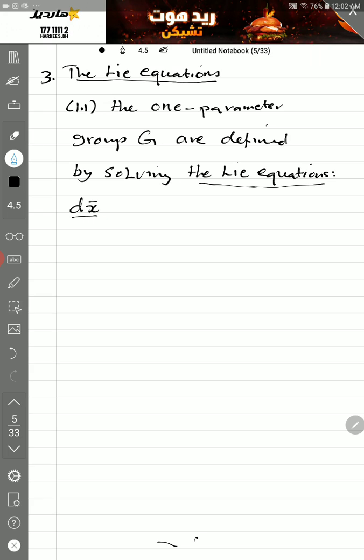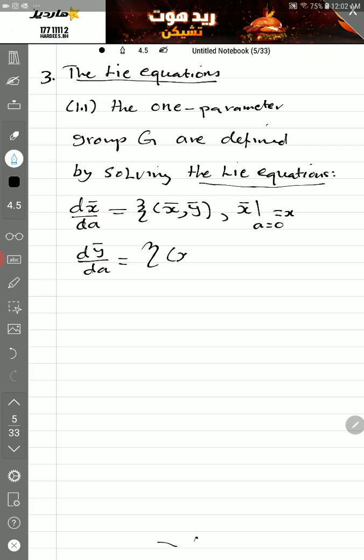dx bar by dA equals zeta of x bar, y bar, with x bar at a equal to 0 equal to x, and the second Lie equation, dy bar by dA equals eta of x bar, y bar, with y bar at a equal to 0 equal to y.